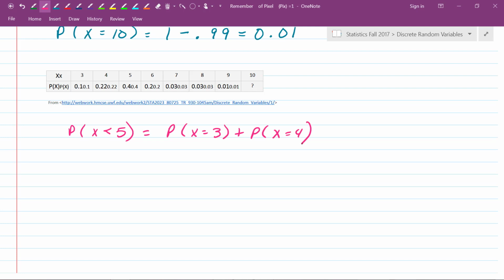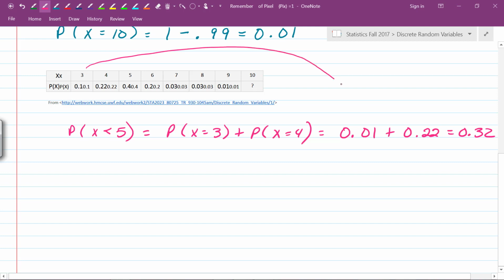We only have 3, 4, 5, 6, 7, 8, 9, 10 room options. So this is equal to 0.01 plus 0.22, which is 0.32.